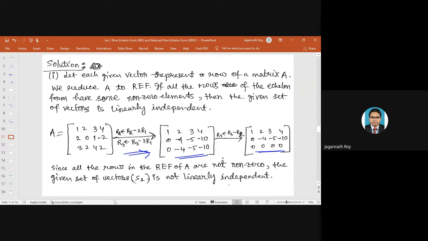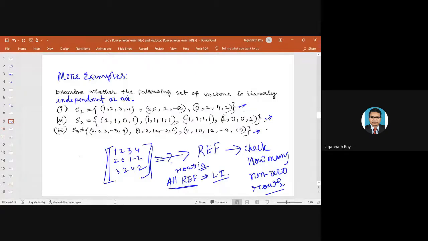So this set of vectors is not linearly independent. A set S1 of 3 vectors is linearly independent if, taken together, all the vectors are linearly independent.